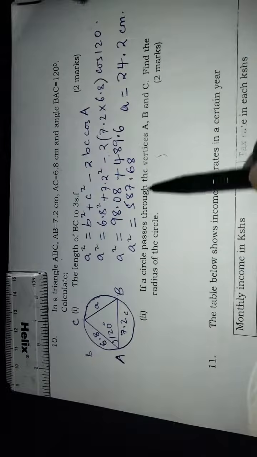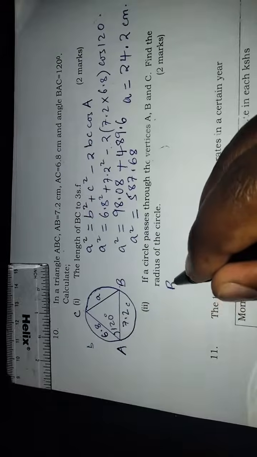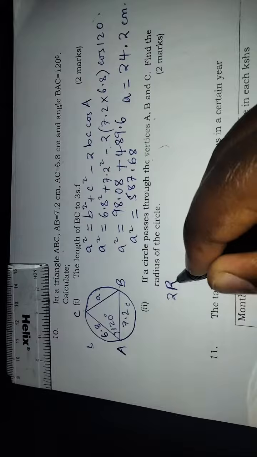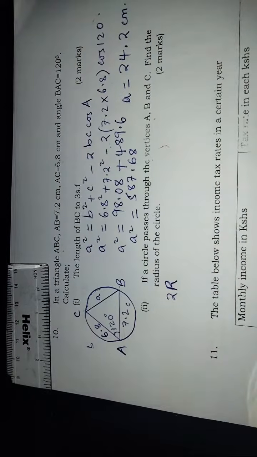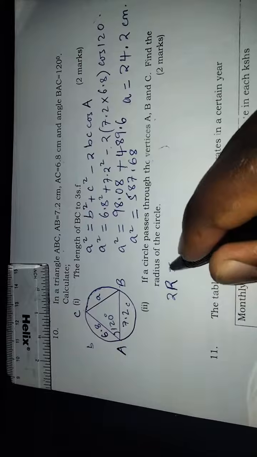If a circle passes through the vertices A, B, and C, find the radius of the circle. We usually say that twice the radius of the circle which circumscribes a triangle is equal to the sine rule.